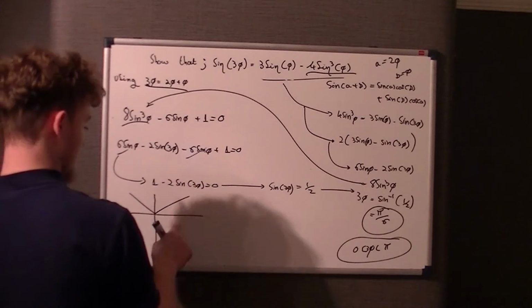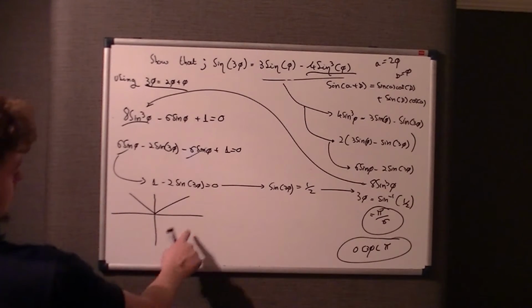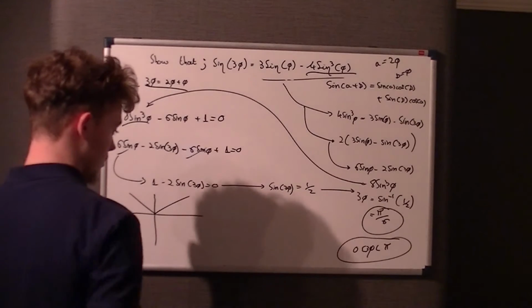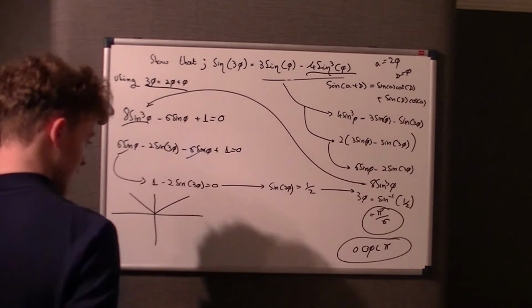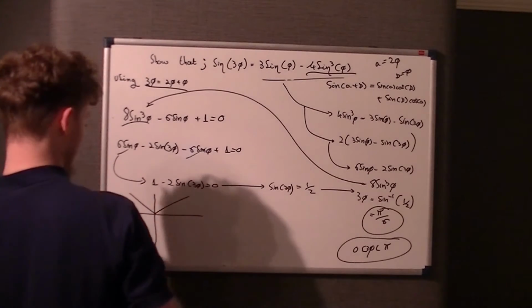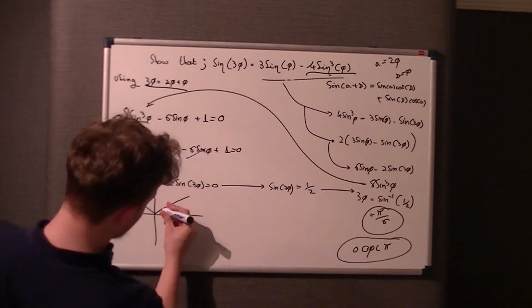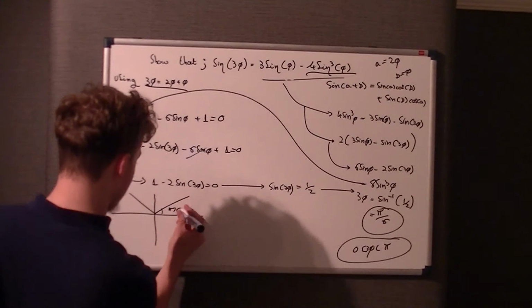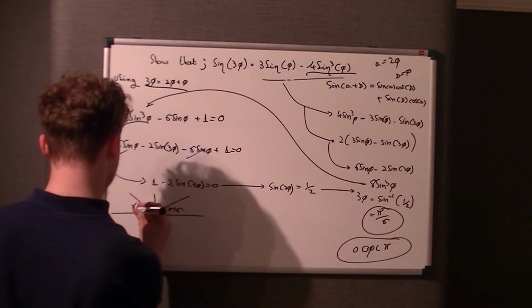So CAST is: cosine is positive, all are positive, sine positive and tan. But quite clearly if it's positive, no matter what trig function it is, it's always in all, and then it's one of the other corresponding trig functions. So it's the angle here, which is pi on 6, and the angle there, which is pi on 6.